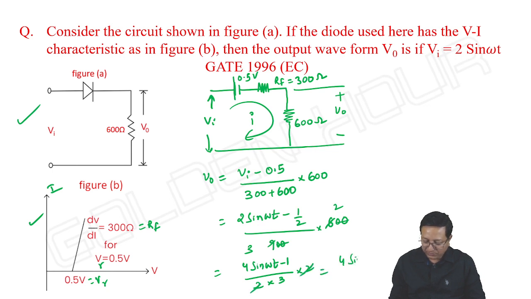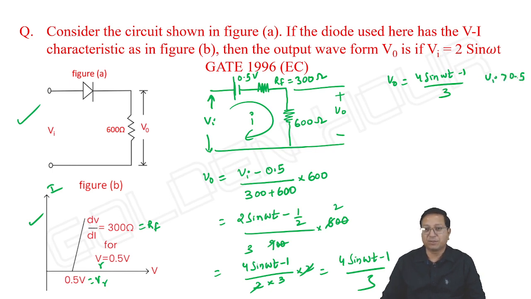So it is 4 sine omega t minus 1 by 3. Strictly speaking, V output is 4 sine omega t minus 1 by 3. This is true if V input is greater than 0.5 volt.